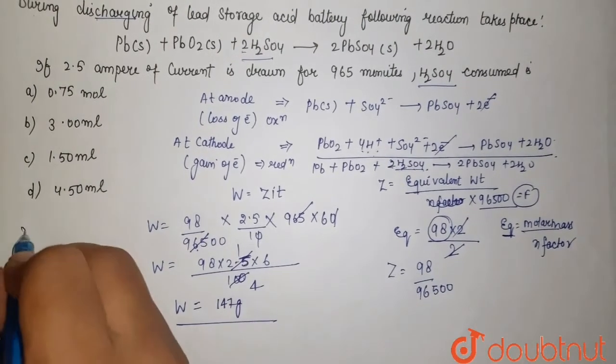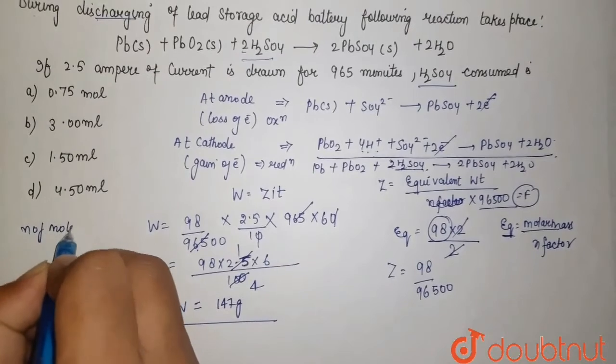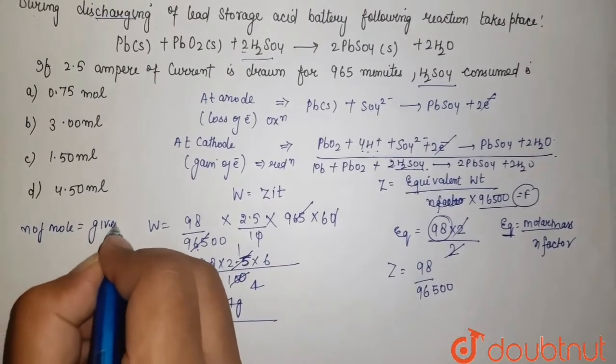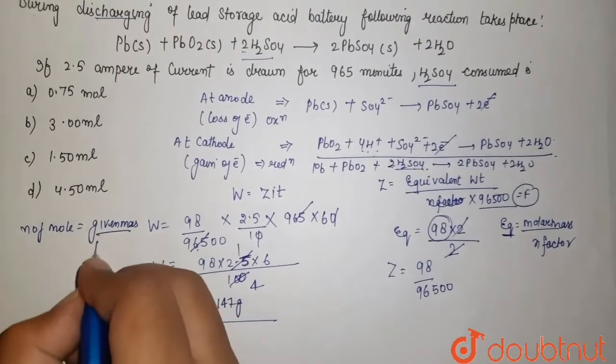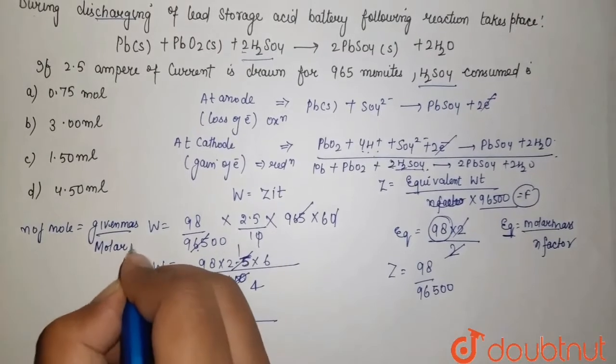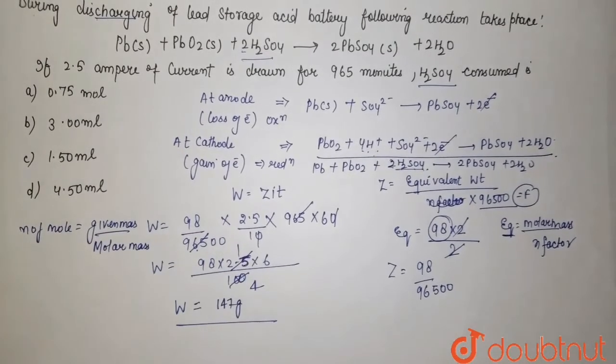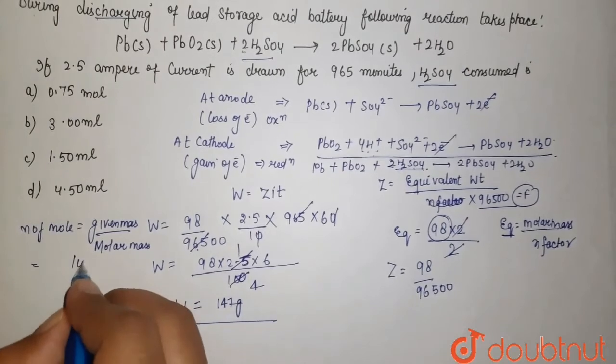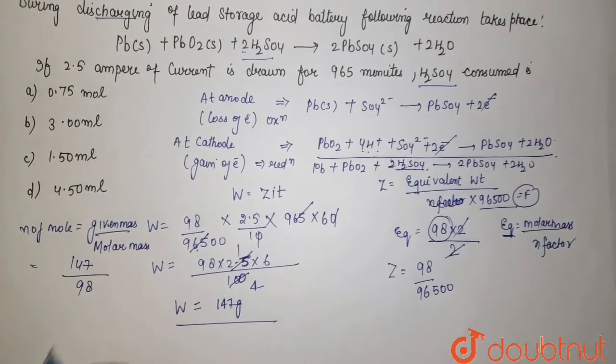Now we know the number of moles is equal to given mass upon molar mass. We have calculated the given mass, that is 147, and molar mass of H2SO4 is 98.